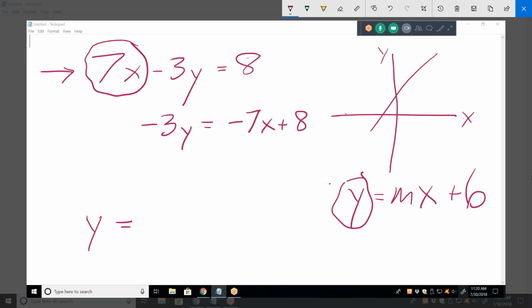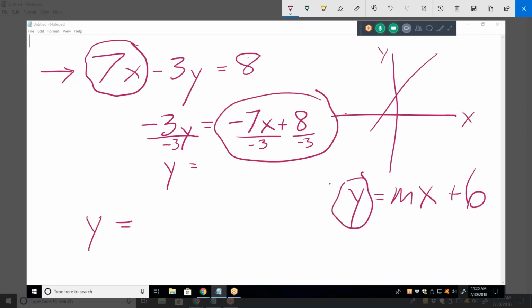Now I still have to solve for y. I've solved for negative 3y. How do I solve for y? Divide. Dividing everything by minus 3, so I'm dividing that by minus 3 and that by minus 3.